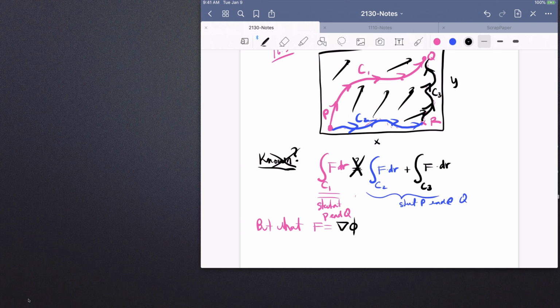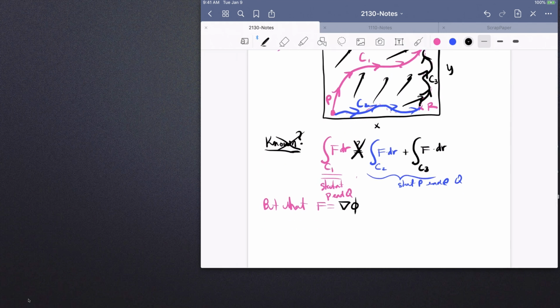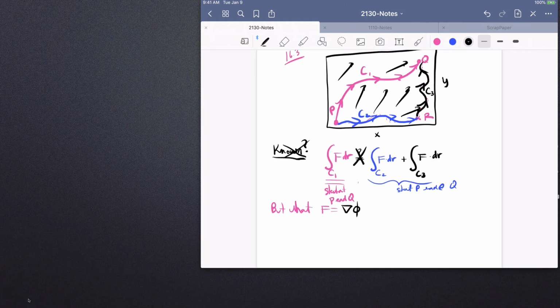What if the vector field is the gradient of some function phi, a potential function? This is also called the vector field being conservative. In this example, we'll see why the word conservative is used.